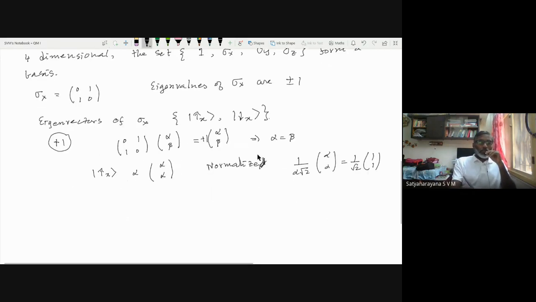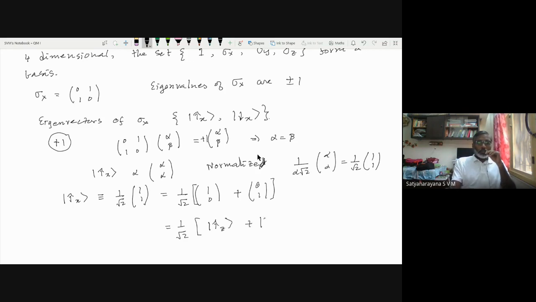Okay, so I have shown you that up x is represented by the matrix 1 by root 2 into 1 1. And notice that I can write this as 1 by root 2 into 1 0 plus 0 1. But what are 1 0 and 0 1? As I already wrote earlier, that is up z plus down z. So up x can be written as 1 by root 2 into up z plus down z.